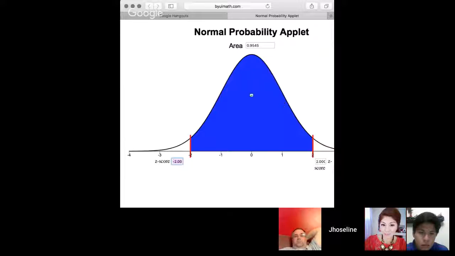This is what you're focused on. That is your answer. Because it's between the -2 and the 2 that you're looking for. So it's going to be 0.955. Okay. Right.